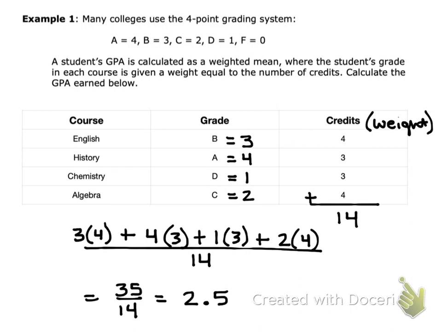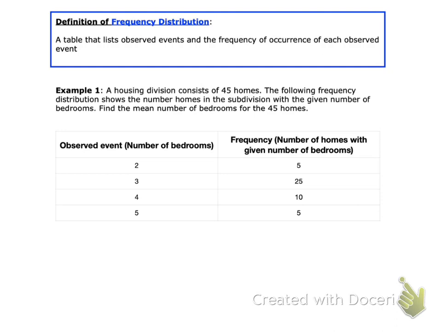Okay. So the other situation where we use this same kind of mindset of weighted means is with frequency tables. When you create a frequency table, basically you have your event. In this case, it's the number of bedrooms in a house: 2 bedrooms, 3 bedrooms, 4 bedrooms, 5 bedrooms. This event can be anything, but you have all of your events listed, and then you have how many times that event occurs.